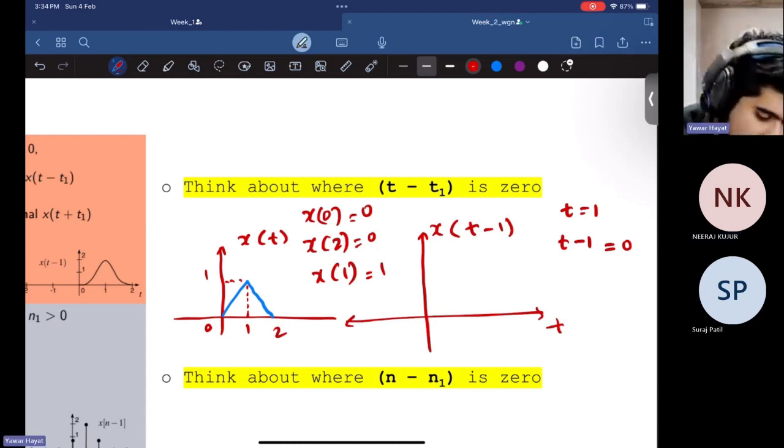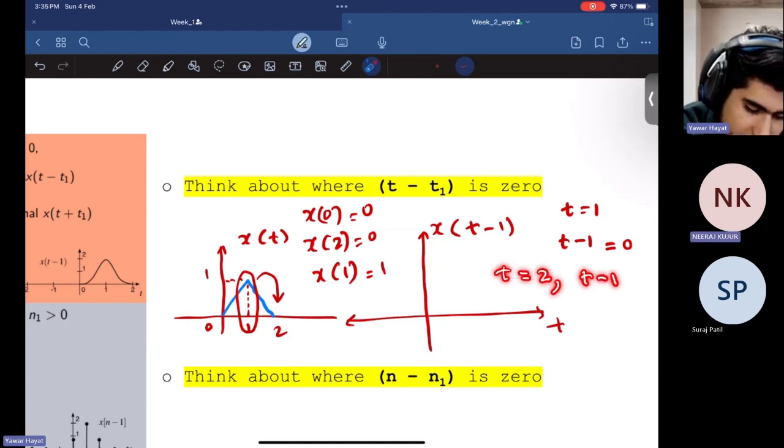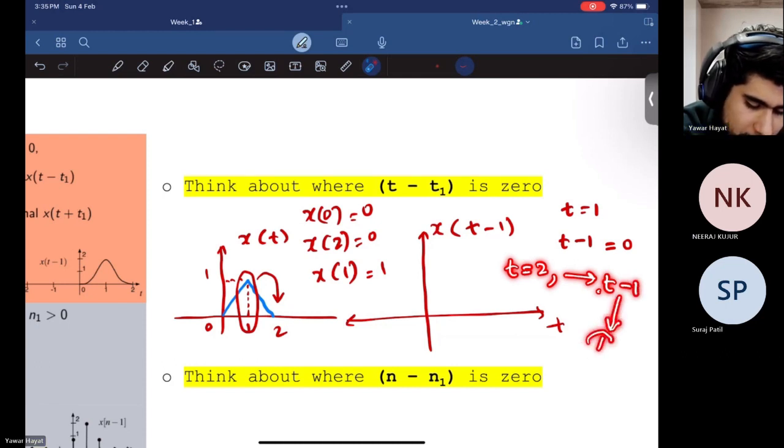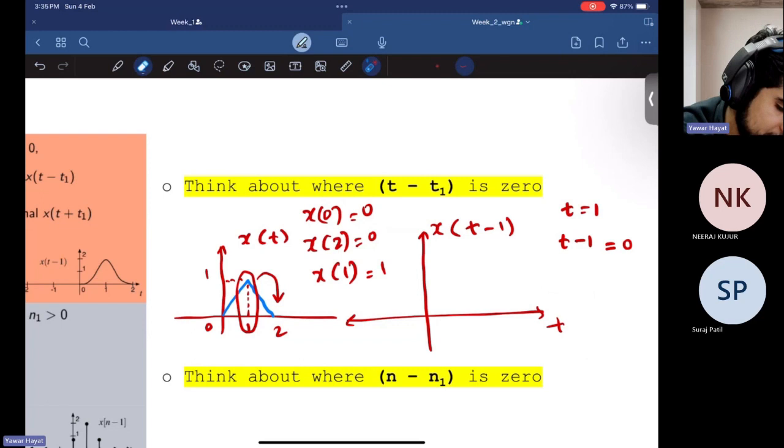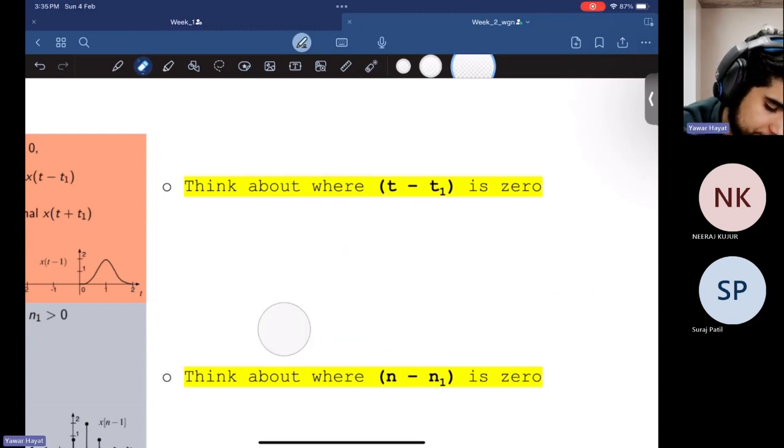Yes. And similarly, this point would shift 1 unit to the right, because at t equal to 2, this t minus 1 is 1. I hope that is clear. I'll move forward.